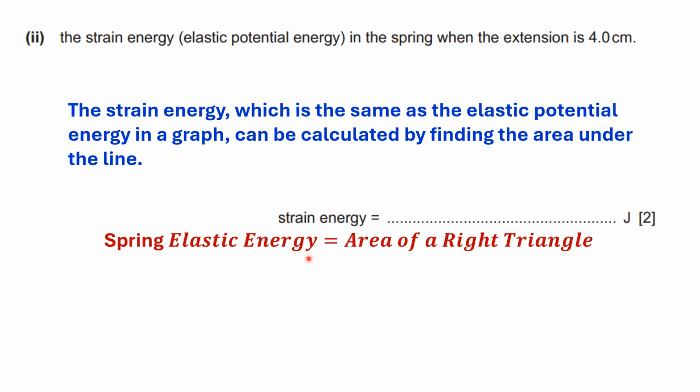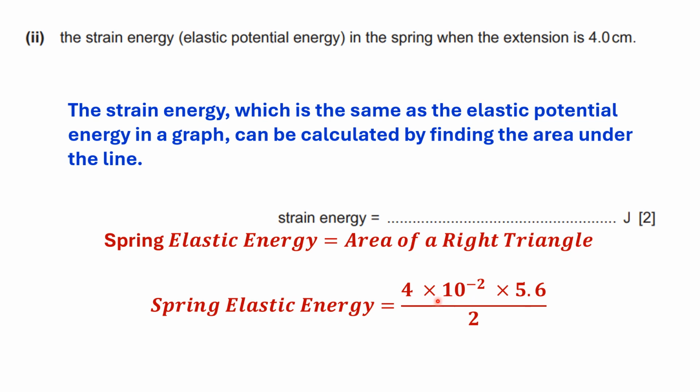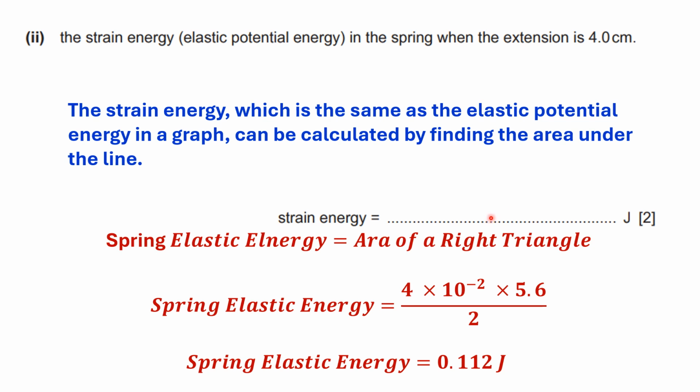Doing the substitutions, the base is 0.04 meter, or 4 times 10 to the minus 2 meter, times the corresponding force, 5.6 newtons, divided by 2. So the spring elastic energy is equal to 0.112 joules. With two significant figures, it is 0.11 joules.